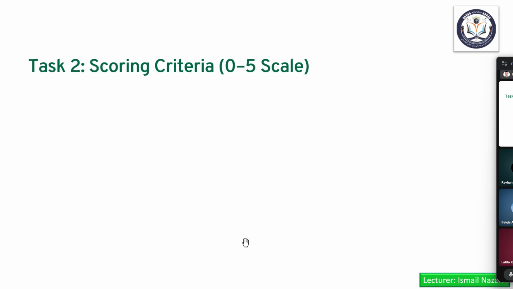The next thing is the task scoring criteria, how it is scored from a 0 to 5 scale. The complete score is 5 and the lowest score is 0.